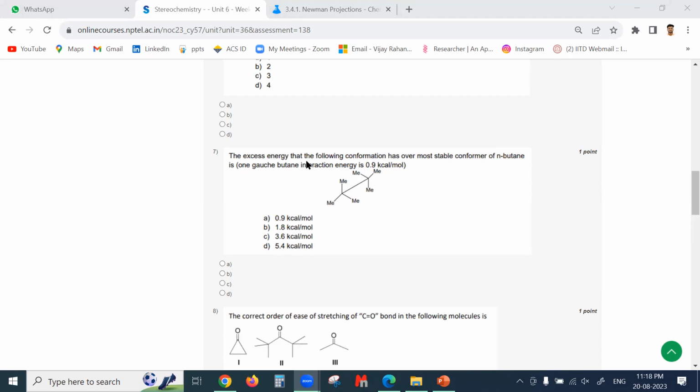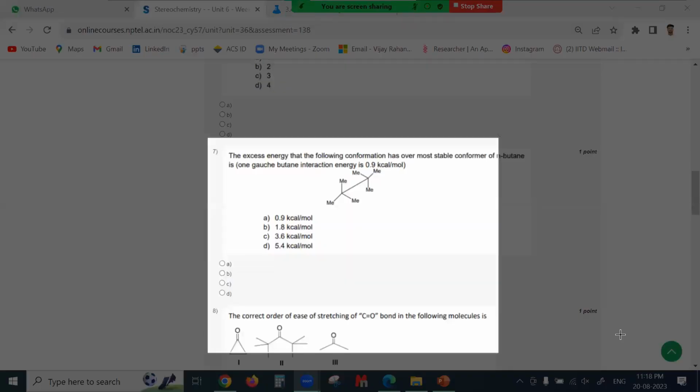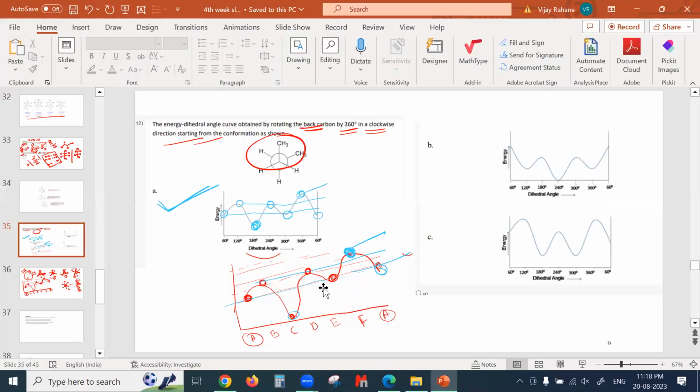The excess energy that the following conformation has over the most stable conformation of N-butane is... You just need to convert this conformation into eclipsed and staggered form. I'll insert one slide.